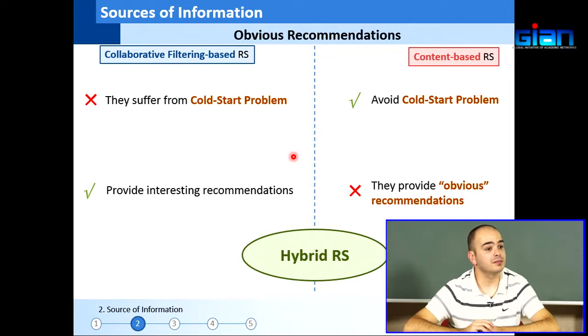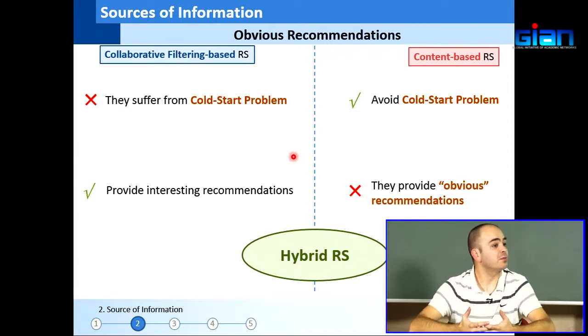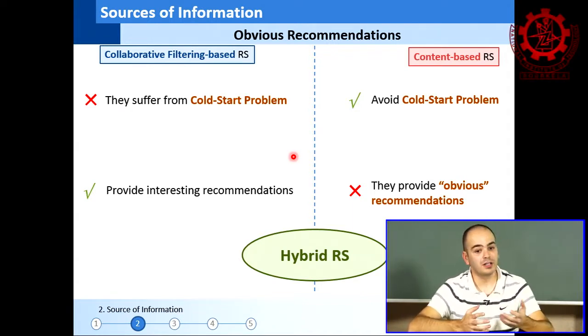Okay, so now we have the hybrid approach. We try to take advantage of both approaches. Real recommender systems use this kind of approach. However, in research, we usually work on collaborative filtering-based and content-based recommender systems.